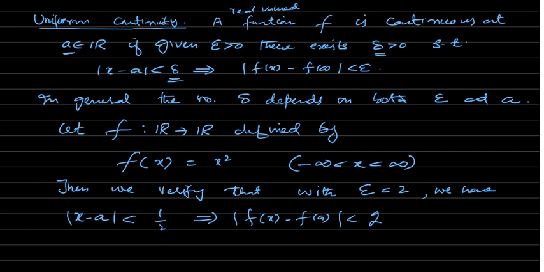Then we verify this if the point a is equal to 1. At a equal to 1, if I choose epsilon equal to 2, then this holds: mod of x minus a less than 1 by 2 implies mod of f of x minus f of a is less than 2. So your delta is actually 1 by 2.